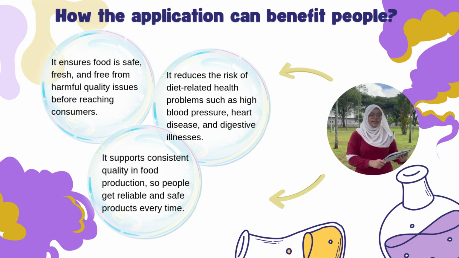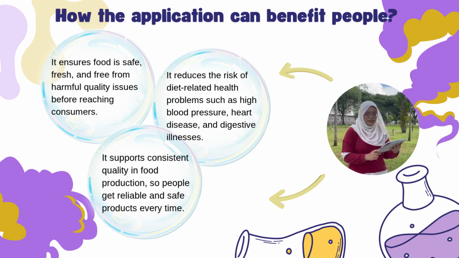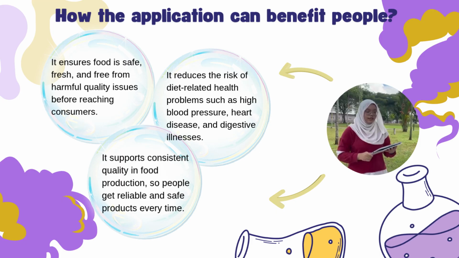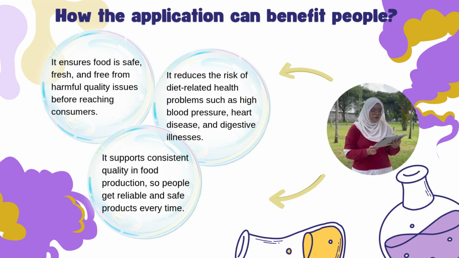Next, it helps people make healthier choices by providing accurate information about nutritional content like salt and acidity, which means the application can help reduce the risk of diet-related health problems and diseases such as high blood pressure, heart disease, and digestive disorders.